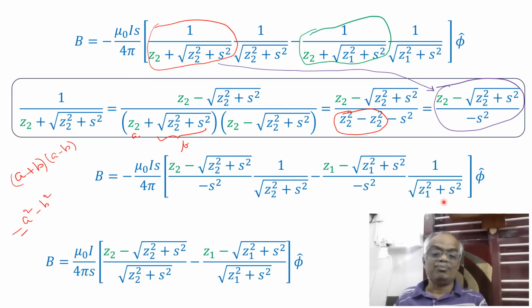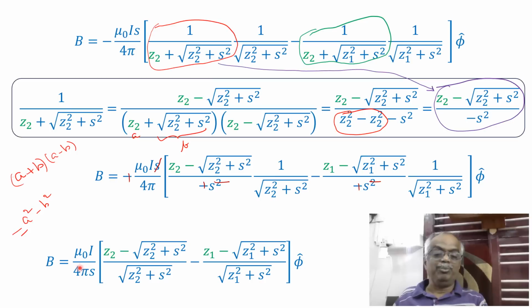Now what I am going to do is I will take this S squared, which will cancel out with this. Here you have S squared, so this S squared will get cancelled. Simply it will become S, and this minus minus, here one minus will become plus.